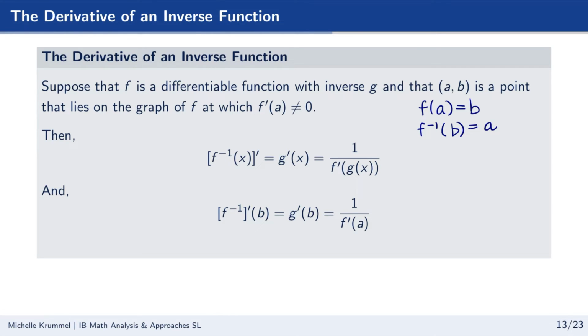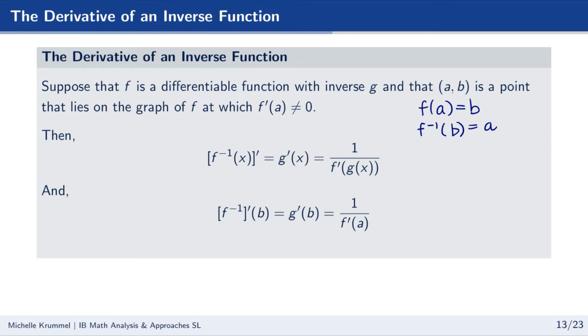Then we can say that f inverse of x prime, or in other words, the derivative of f inverse of x, equals g prime, which equals 1 over f prime of g of x. We saw that a moment ago when we just derived that formula. And if we want to specifically know the derivative of f inverse at b, then it's going to be 1 over f prime of a, because g is the inverse of f. G equals f inverse.